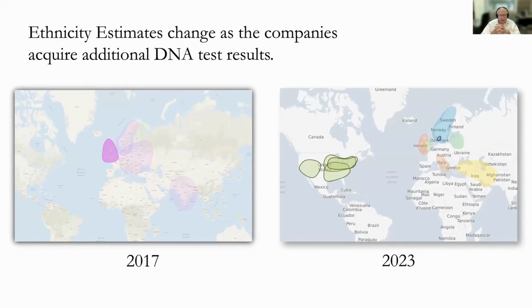As time passes, this is the more revised version of the DNA test ethnicity estimate in 2023. And it shows that there are a significant number of people from the British Isles and from the Scandinavian countries, particularly Denmark, which is correct. And then there are a few others.